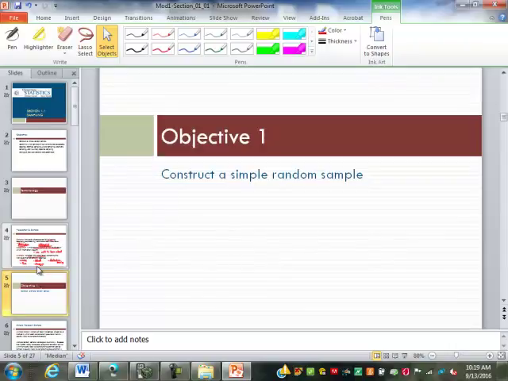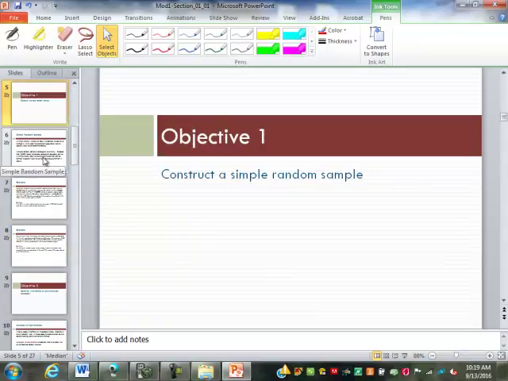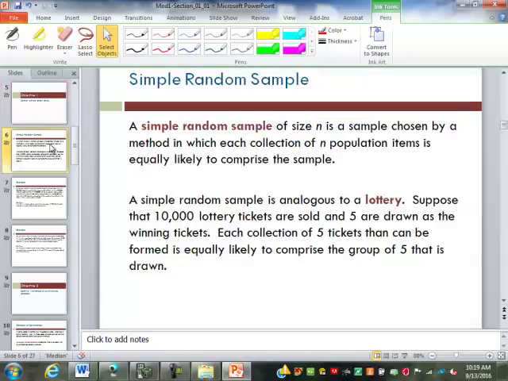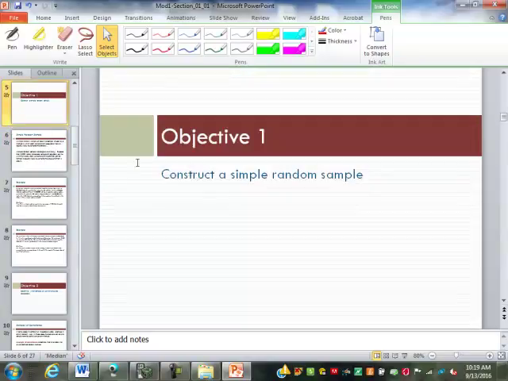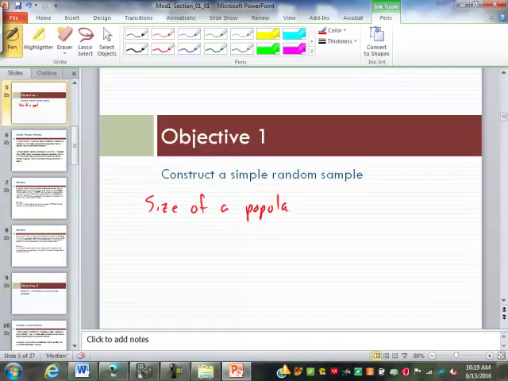Okay, so let's talk about how we construct a good sample. We talk here about a simple random sample. What is a simple random sample? Well, let's mention here briefly size. The size of a population is represented by the capital letter N. Large N, that's the number of people or number of items that are in a population.